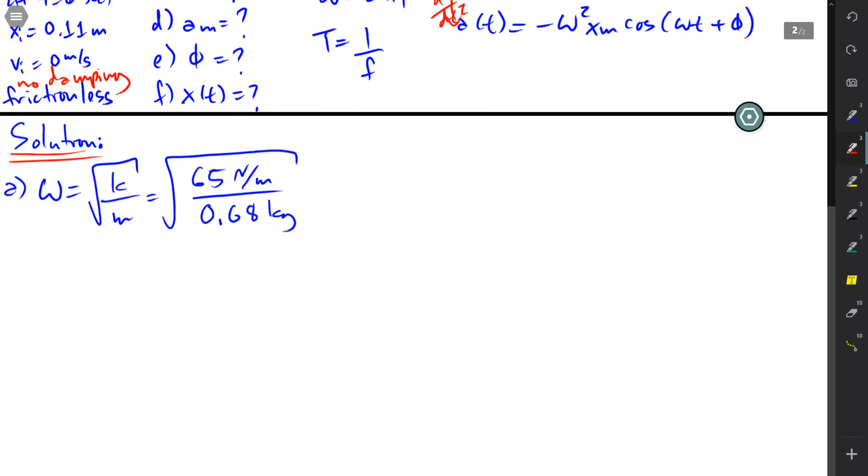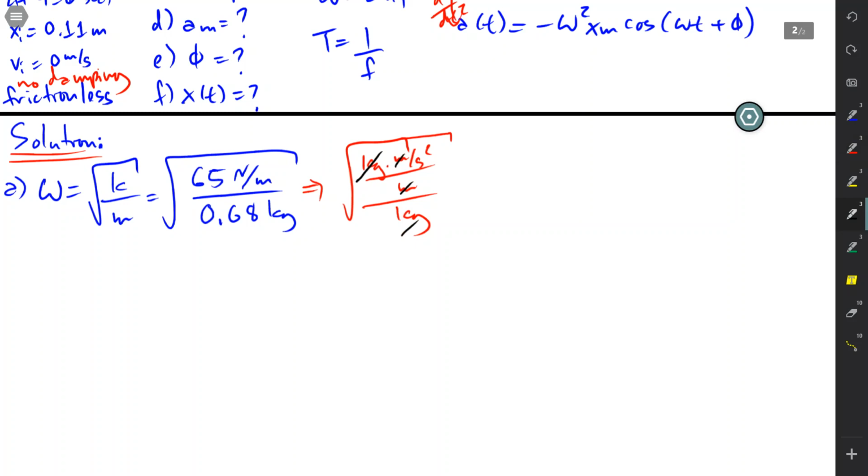And just a little sidestep, what I usually like to do with the units. I have the square root of kilogram meters per second squared over meters, divided by kilograms. So the kilograms cancel out, the meters cancel out.